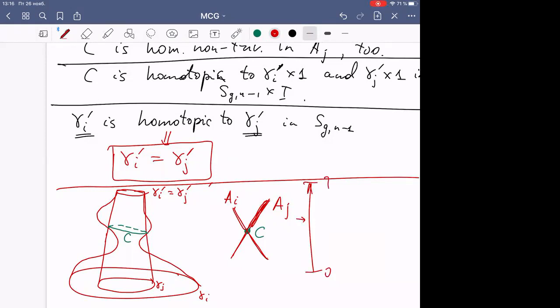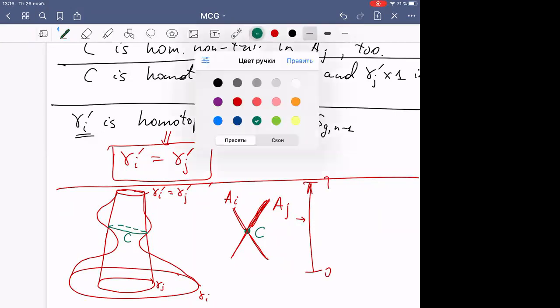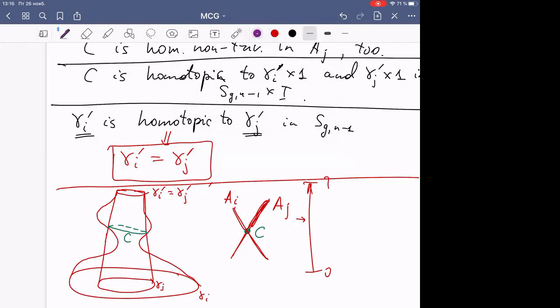Okay, and now we can perform the following surgery. We can replace this cross along C by 2 arcs.